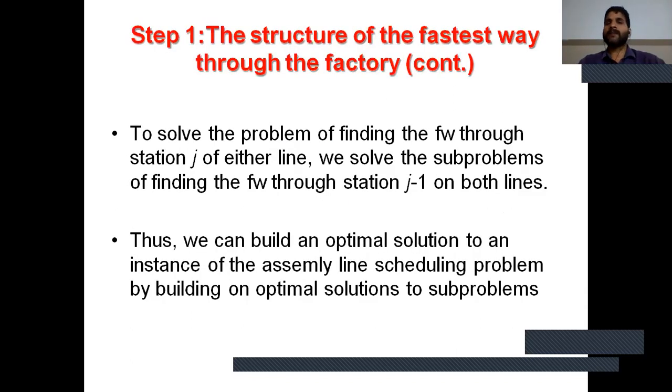So to solve the problem of finding the fastest way through station j of either line, we solve the subproblem of finding the fastest way through station j minus 1 on both lines. Thus, we can build the optimal solution to an instance of the assembly line scheduling problem by building optimal solutions to subproblems.